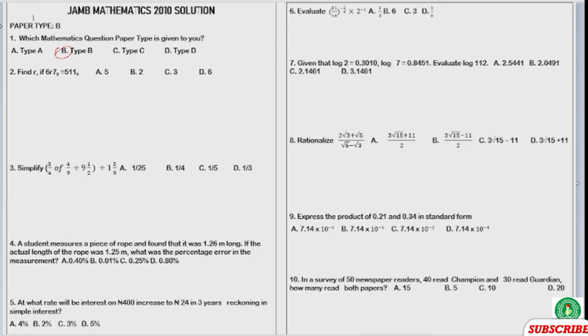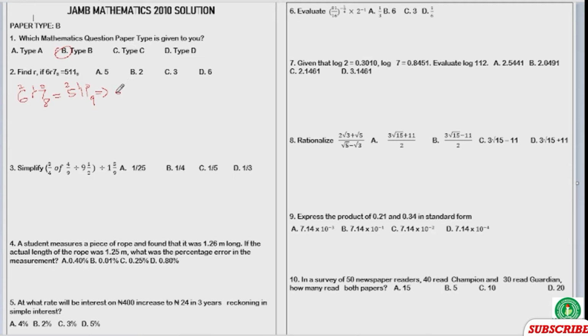We are going to bring the question out below. We have 6R7 base 8 is equal to 511 base 9. To use the expansion method, you begin to label the numbers from the left: 0, 1, 2. Now let's expand this.